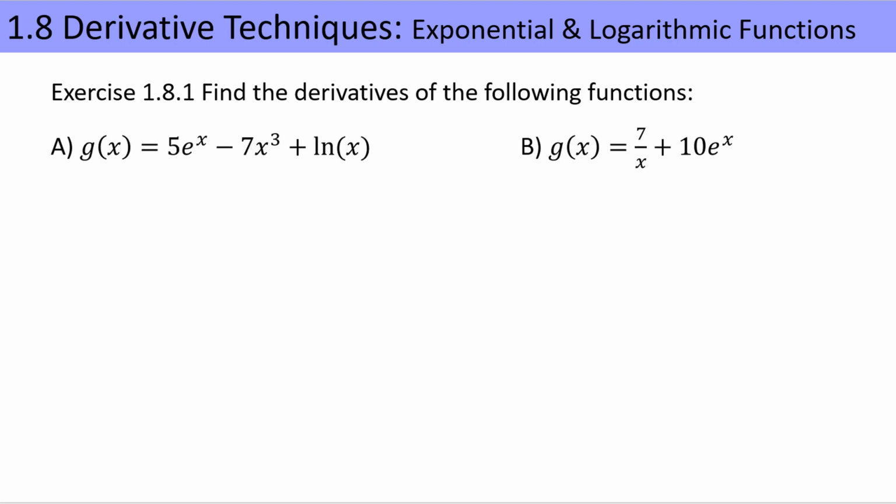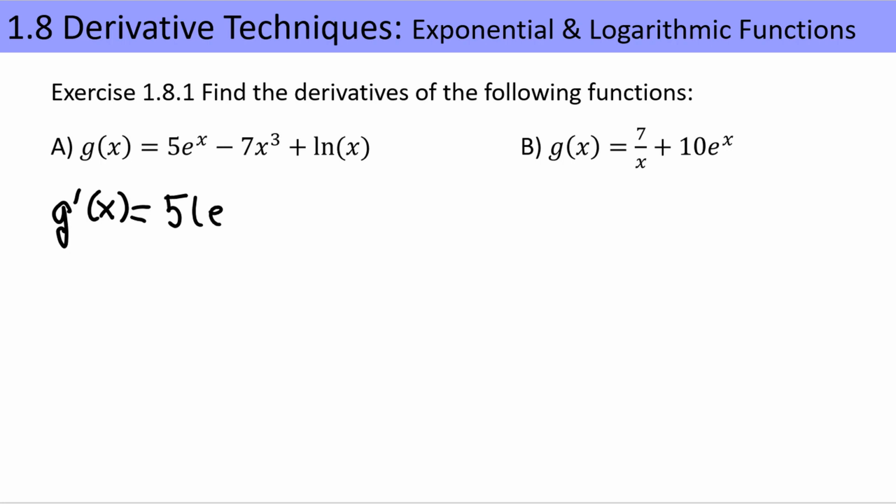Example 1.8.1, find the derivatives of the following functions. A, g of x equals 5 e to the x minus 7 times x cubed plus the ln of x. To find the derivative, we begin by writing g prime of x, or the derivative of g. Using several of the rules we now have, we'll have the constant of the 5.